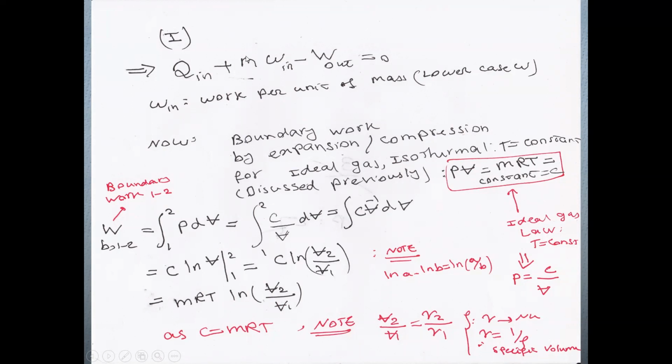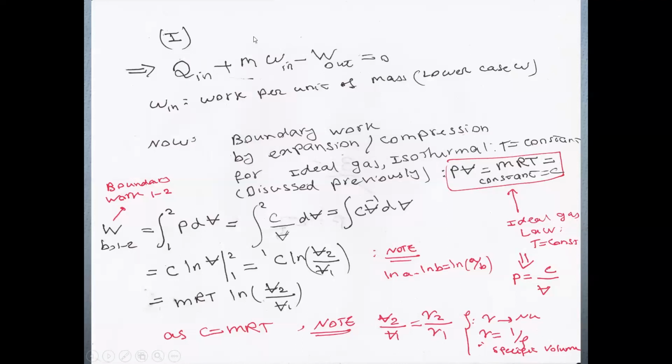And here you had capital W, which is capital W in. That is work into the system by the paddle wheel. But capital W is m times lowercase w. This means work by the paddle wheel per unit of mass, times m, makes capital W. Now we are going to divide both sides of this equation by m.